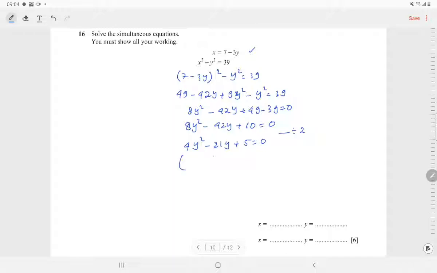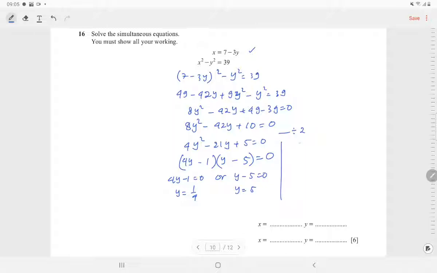Then we factorise: 4y, y, this is 5, 1, both minus. So 4y minus 1 equal to 0, so y equal to 1 over 4, or y minus 5 equal to 0, so y equal to 5.